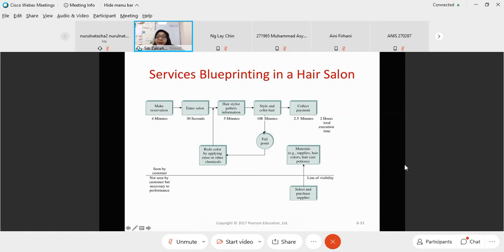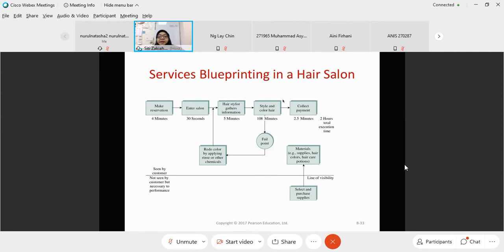Style and hair color. Why? Maybe you don't really understand what the customer wants, right? Maybe the hair color is different. Sometimes when you see it in the box, it's different when you put it on your hair. Maybe you forget to bleach the customer's hair. Before you color, you have to bleach the hair. Then you color. Then the color will be nicer, right?